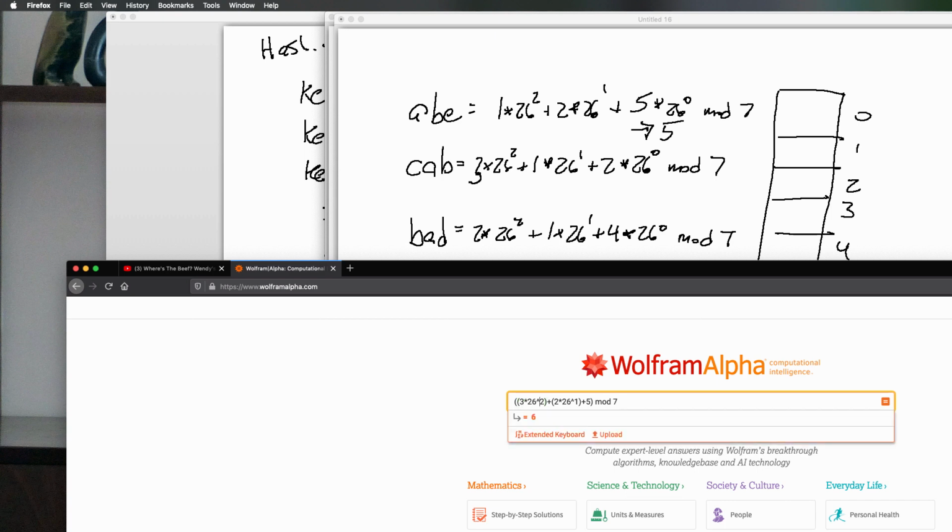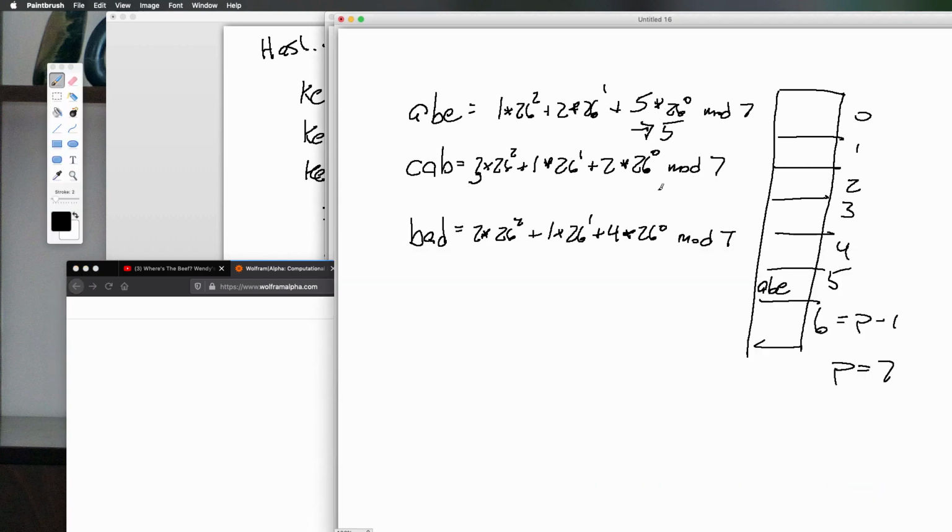And then over here, I'm going to get a 1. And over here, I'm going to say 2. Oh, and look at that. That also goes to 5. That's going to be great for our demonstration here about what to do in a collision.